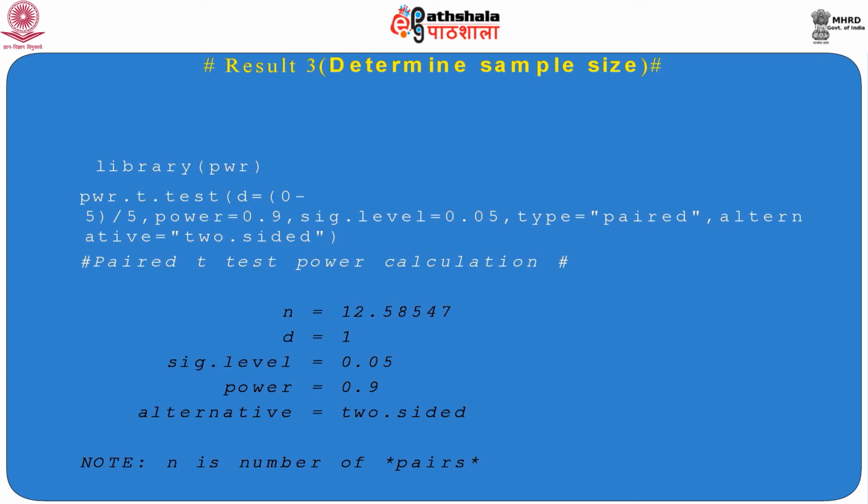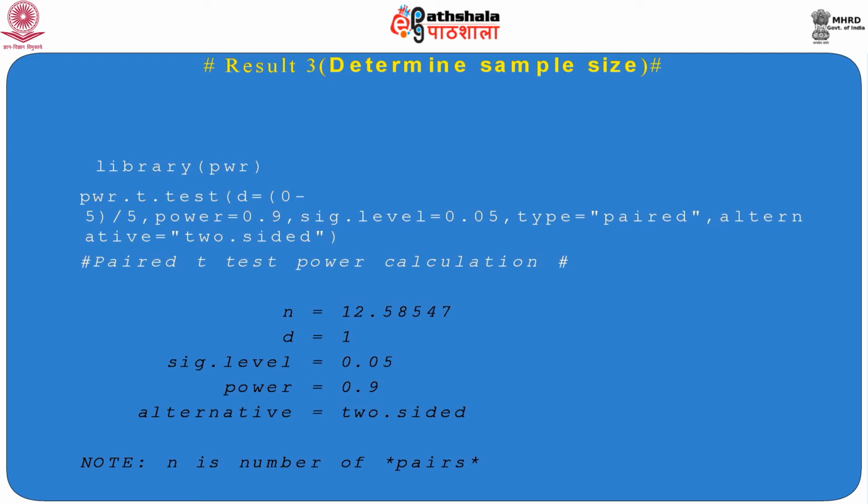The sample size will come as a product of the paired t-test, where we consider type equals paired and alternative as two-sided, and again we are assigning significance level, as you can see, 0.05. It will give us the sample size n equals 12.58, which can be taken as nearly 13. Here d equals 1 because it is (0 minus 5) by 5.